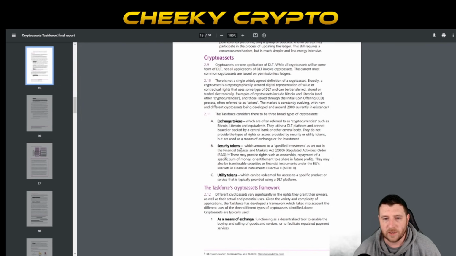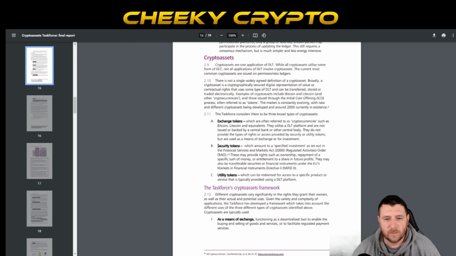Okay, security tokens, which amount to a specific investment as set out in the Financial Services and Markets Act 2000, Regulated Activities Order, RAO. These may provide rights such as ownership, repayment of a specific sum of money or entitlement to shares in future profits. They may also be transferable securities or financial instruments under the EU Markets in Financial Instruments Directive 2.